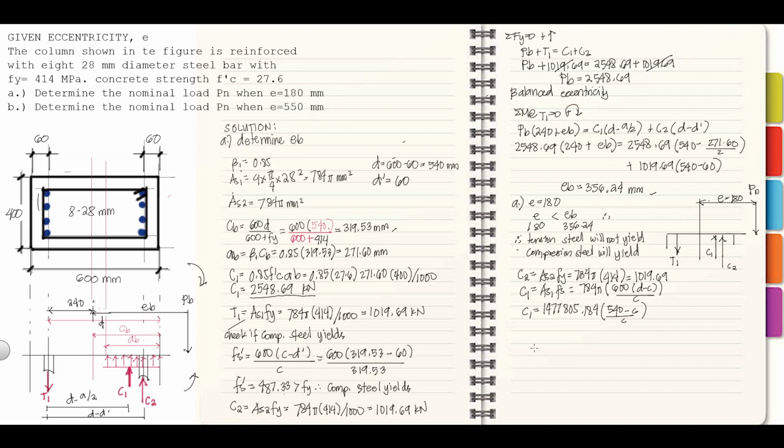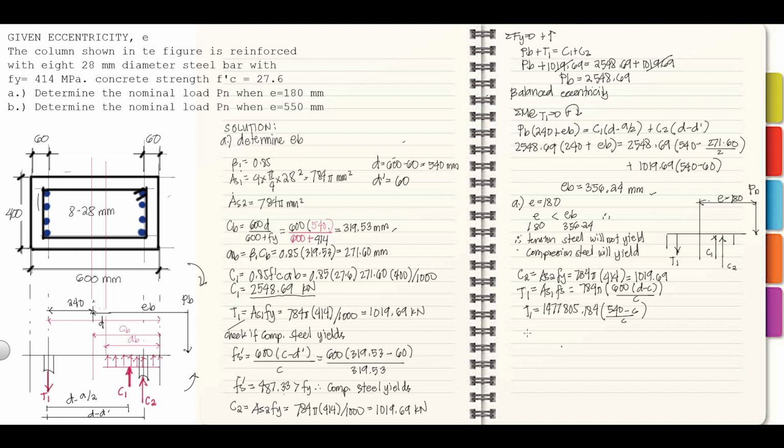And then for T1, so ang T1 natin, class, is AS1. Sorry. This is T1. May T1 na pala tayo.